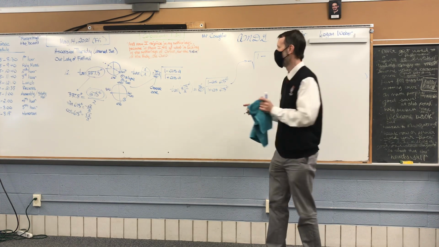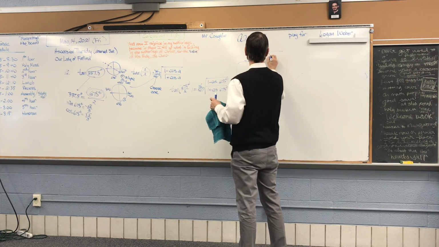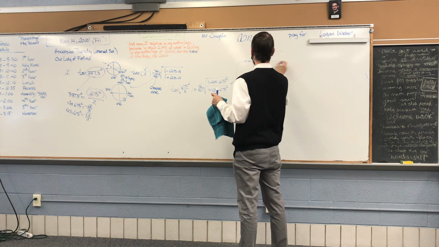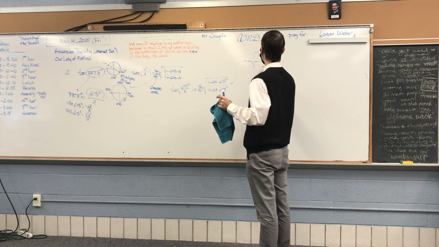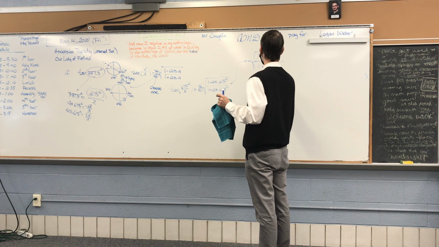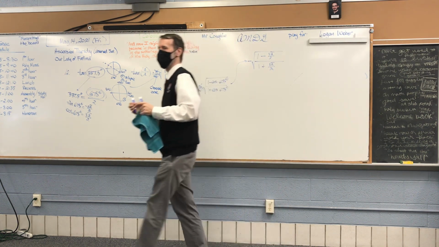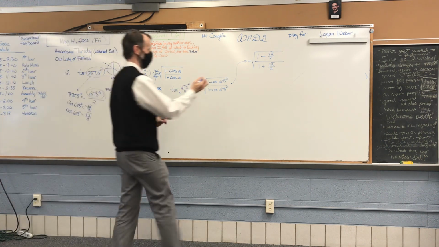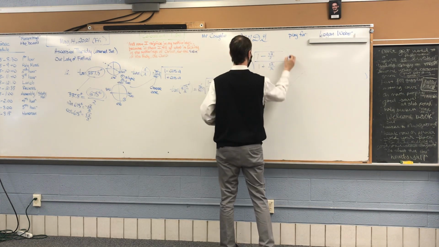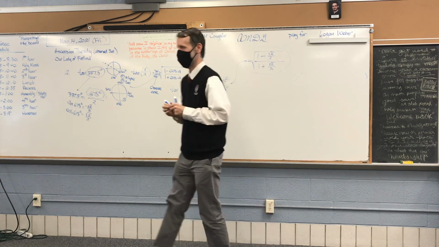Radical 2 over 2. Got it. And as a favor to you, you do not have to simplify that. This is as far as I need you to go. That's the answer to number 12.